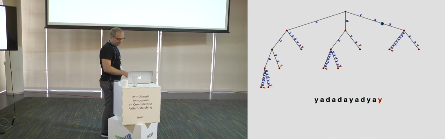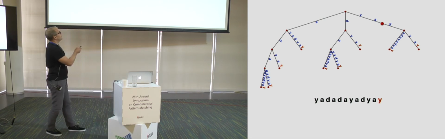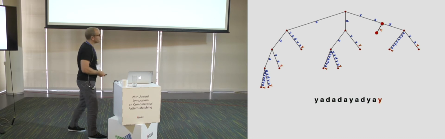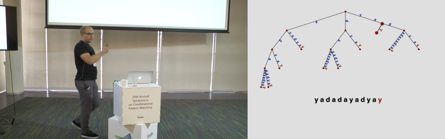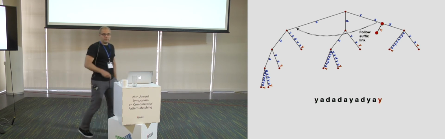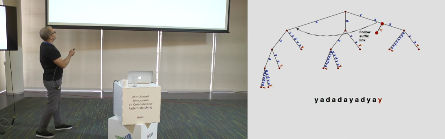So the first point we have to deal with is the active point. In this case, we have to put in a y here. If this had been a y, we would have just walked down there. But in this case, we have to put in a new leaf with a y. Then we have to move up to the next point in the tree where we may have to do something. And then we use the other trick, which comes from McCreight's suffix tree construction algorithm, the suffix link.